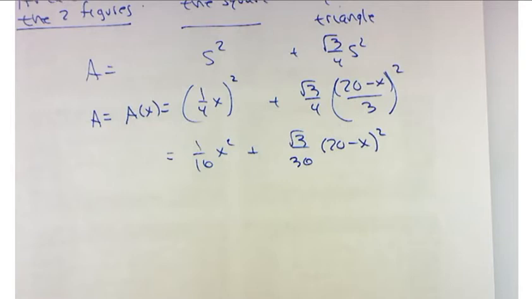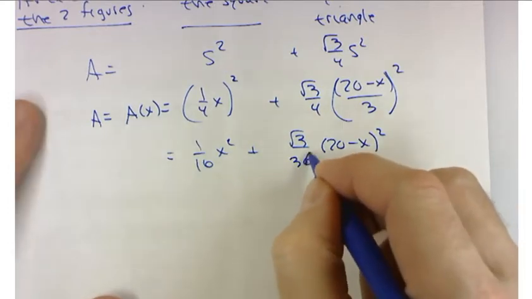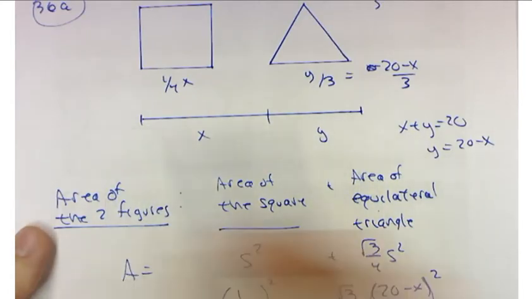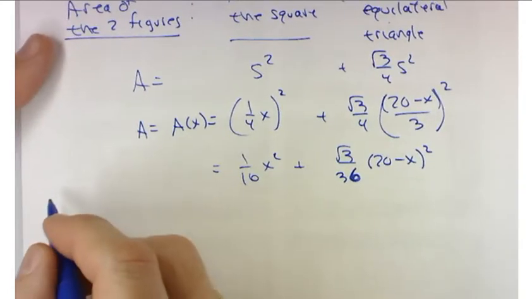Picture, function, interval. Interval. What could the values of x range between? Good, 0 and 20. It has to be somewhere between these because that's all you've got in terms of the amount of wire.